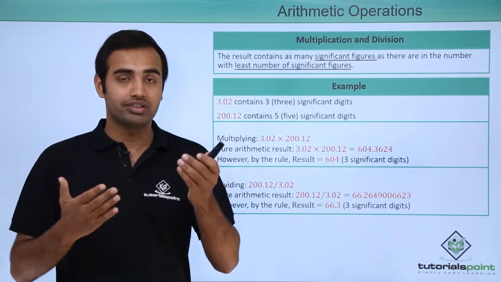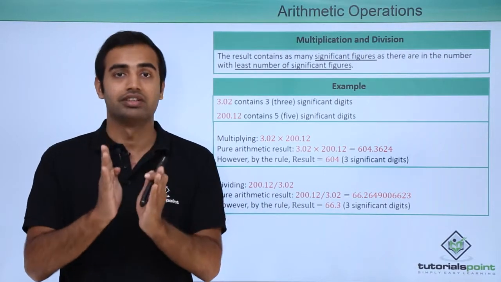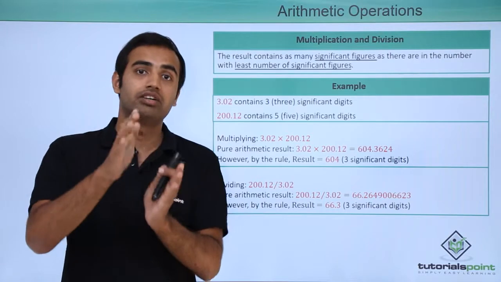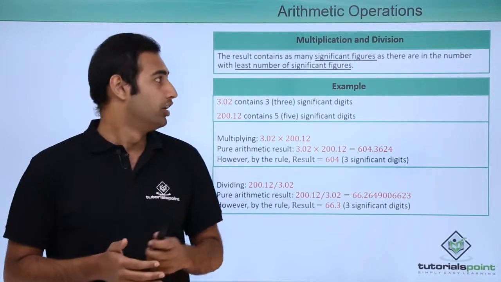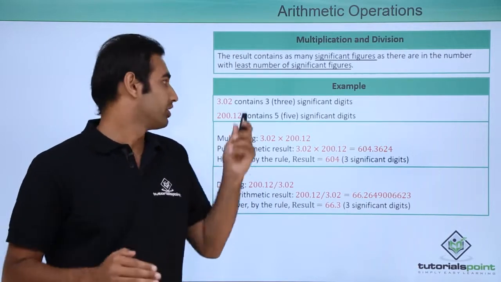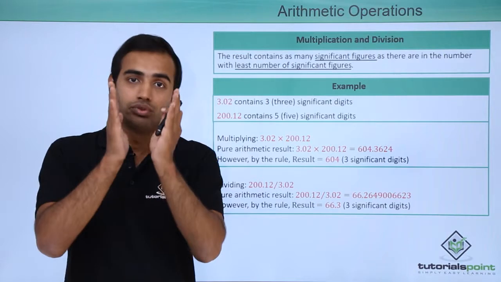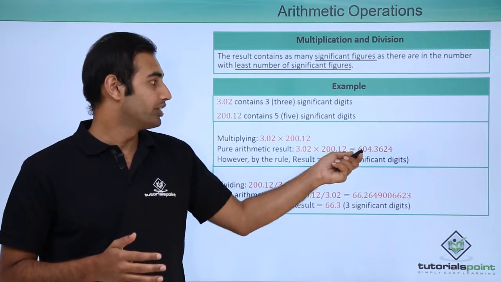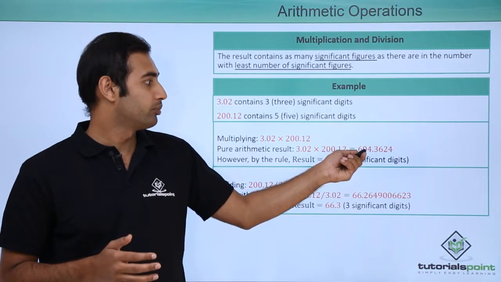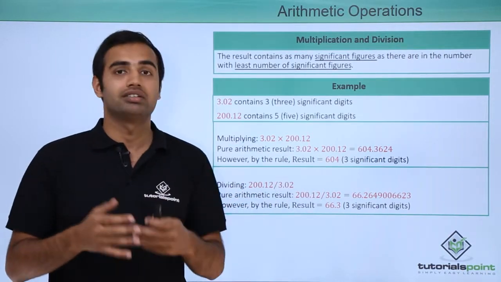But looking at the rule once again, it says the final result can only have as many significant figures as there are in the number with the least number of significant figures. Clearly 3.02 contains the least number of significant figures among these two numbers. So the final answer has to be rounded off to 3 significant figures. So 604.3624 rounded off to 3 significant figures will give me 604 as my answer.